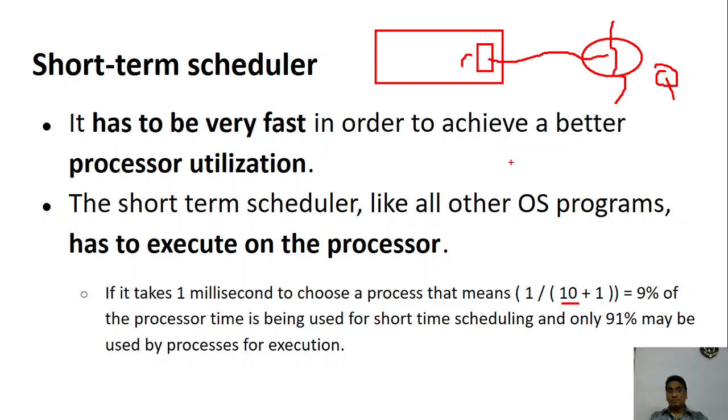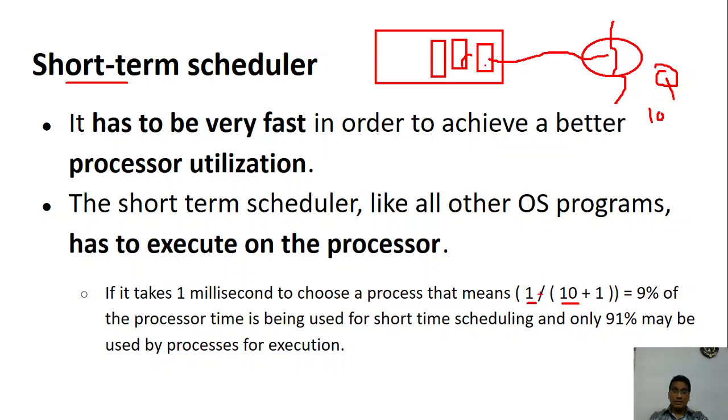Suppose the time quanta is 10 milliseconds, and the scheduler takes 1 millisecond to decide on the process. So if your short-term scheduler takes 1 millisecond to decide which among them is the best one, what is the amount of time it is taking?